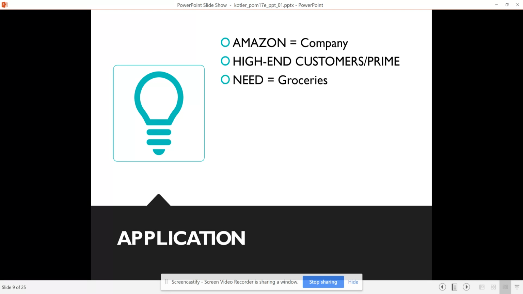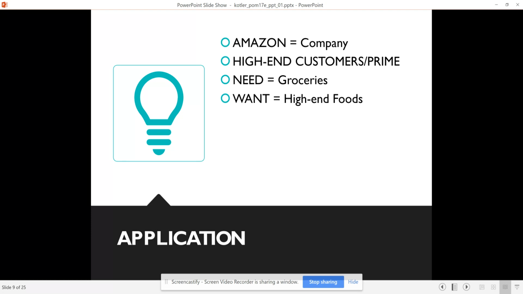And what customers need a lot, unfortunately, versus just the books or the clothing, is groceries. When I was at Amazon, I was in Amazon Prime and Amazon Fresh. And Amazon Fresh has been around for a long time. It's an online grocery store, but it still wasn't working no matter what we wanted to do.